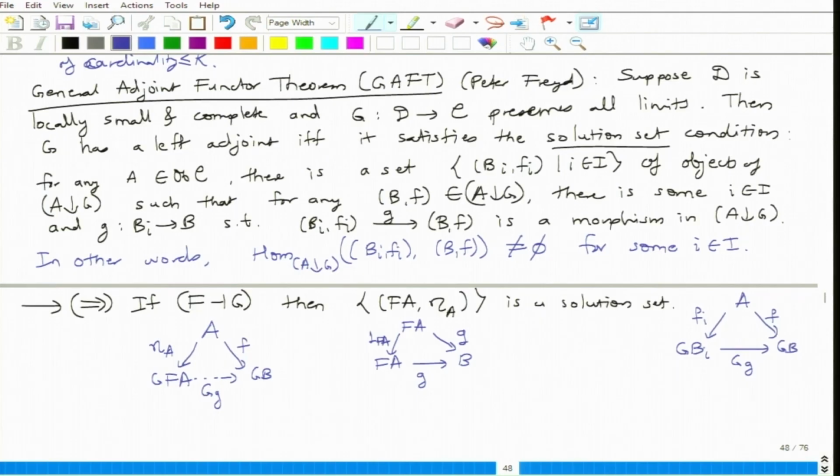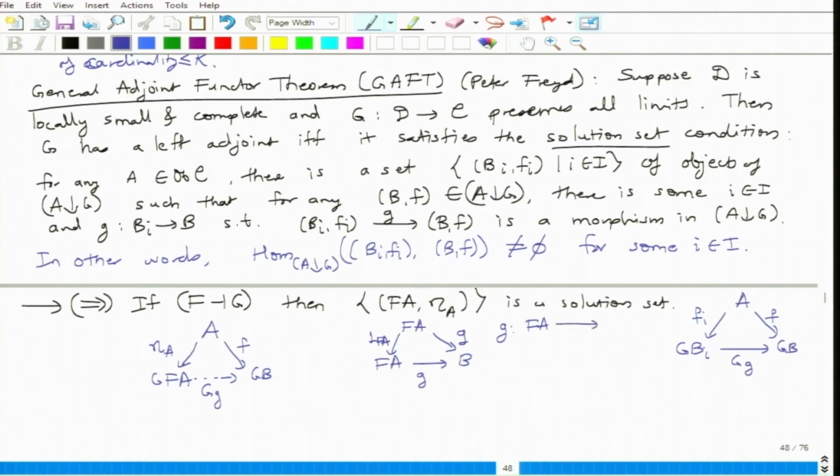What was g, from FA to B? From FA you can only go up. Ultimately we want to come back to B, so this is the composition.